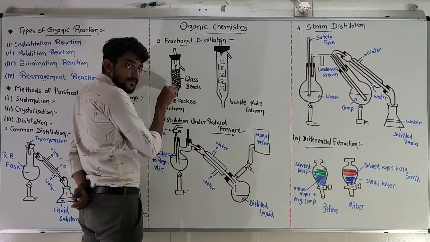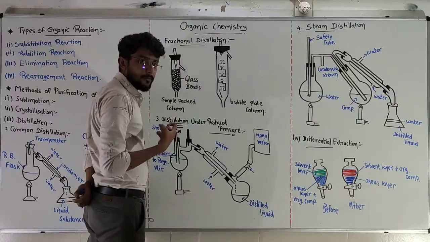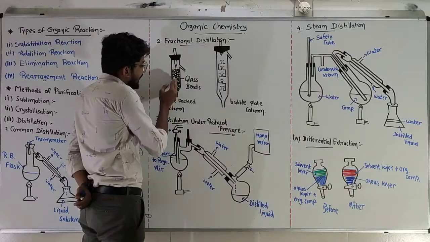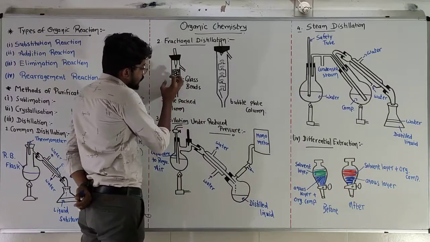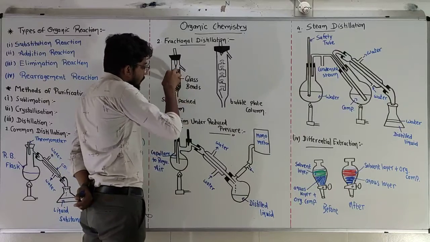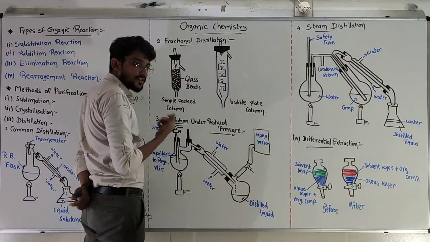When the vapor of both substances comes here, the substance which has the higher boiling point will be liquefied because it will take time to travel because of the glass balls. So the substance which has the higher boiling point will stay downward because it will liquefy.